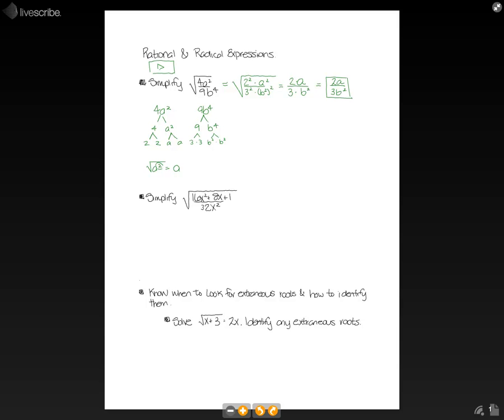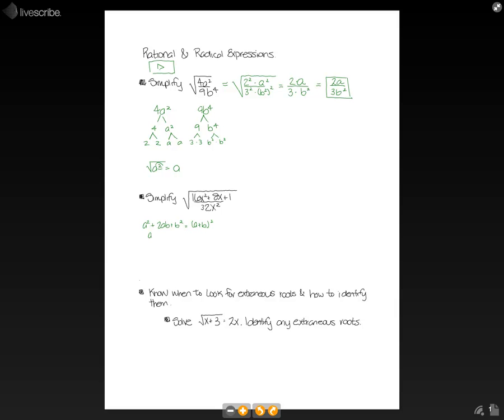expression. And if we remember, a perfect square trinomial states that something in the form a squared plus 2ab plus b squared simplifies down into a plus b squared.